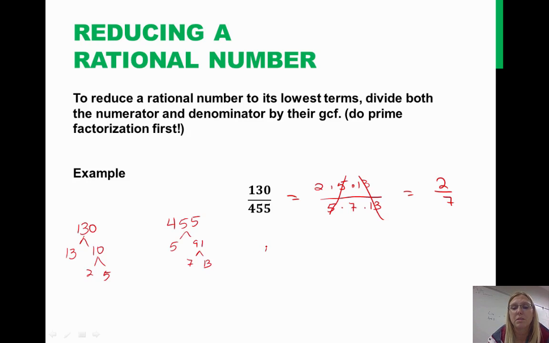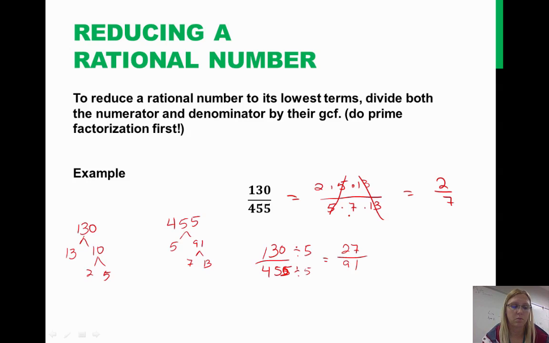Another way that people commonly do this is just to keep dividing until you can't divide anymore. So it'd be the same as saying, let's divide the top and bottom by 5. If I did that, I would have 27 over 91. I think that's 27.